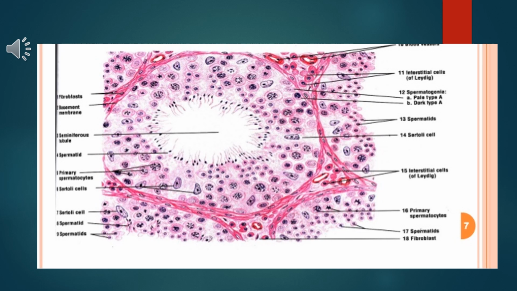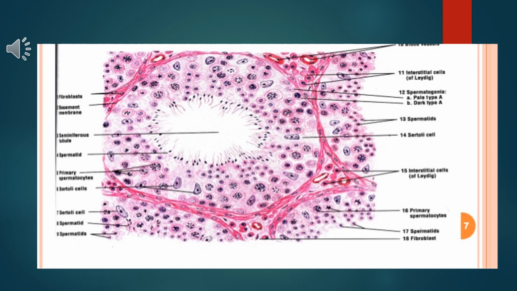In this picture, we will get a close view of the seminiferous tubule. Here what you can see is the basal lamina around one lobule, and we can see some smooth muscle around it, that is muscle-like myoid cells in the wall of the seminiferous tubule. Within that we can see the different stages of spermatogenesis.